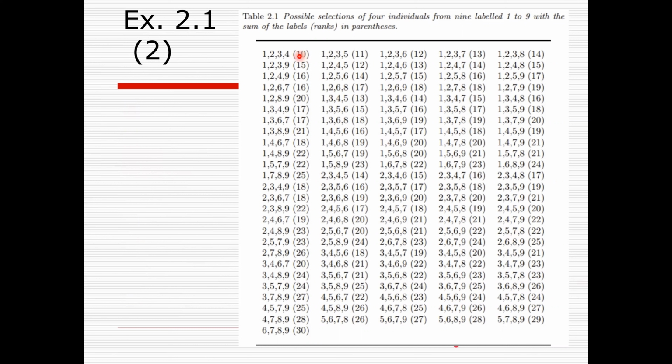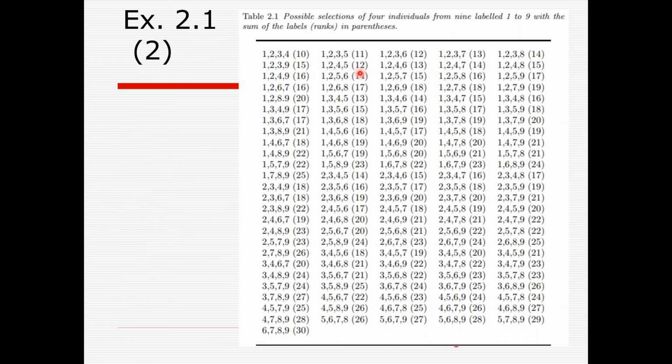And the number in the parentheses are those sum of the 4 ranks, right? So different ranking outcomes may have same sum value. For example, here 1, 2, 3, 6, the sum is 12, and here 1, 2, 4, 5, the sum is also 12.